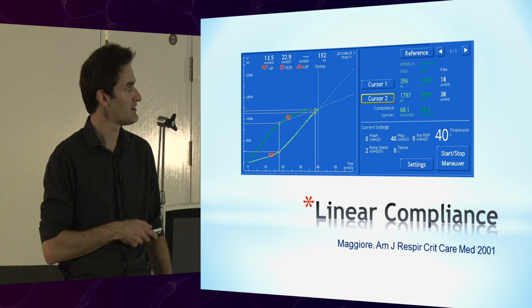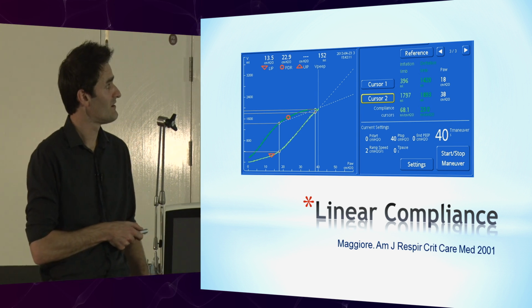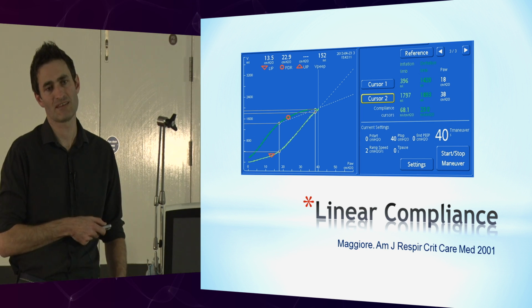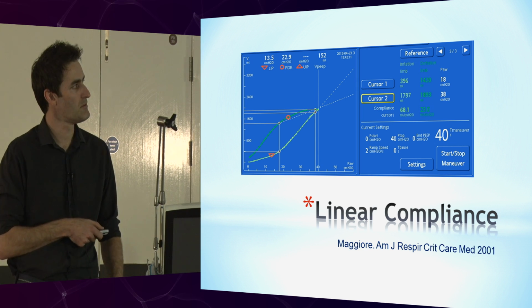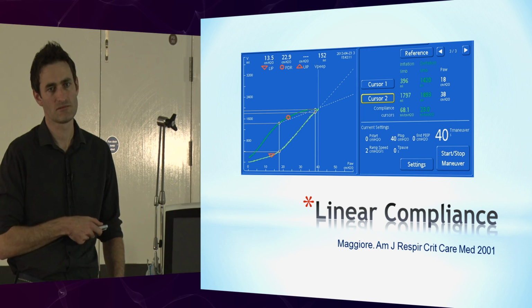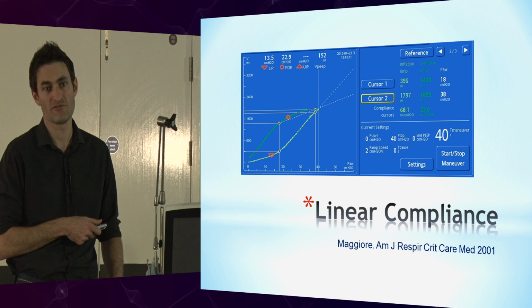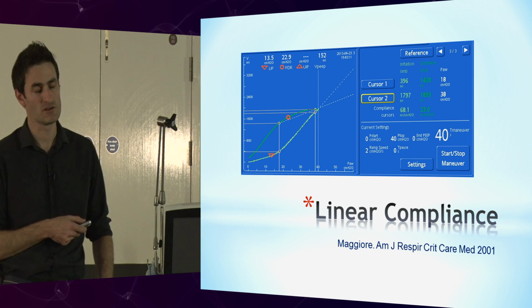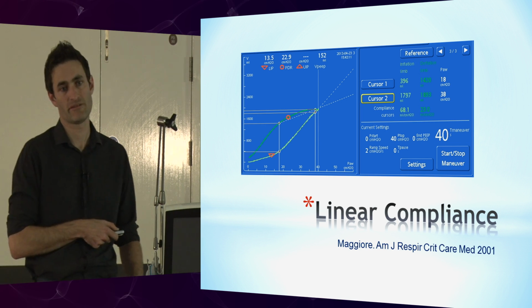But broadly speaking, the lower inflection point here, once you get down to that level, the lung is de-recruiting. So in the past, I've tended to use the lower inflection point to set my PEEP at. Now actually what's becoming clear, I think, or clearer should I say, is that this probably isn't enough.